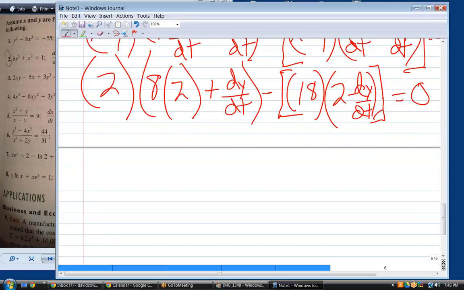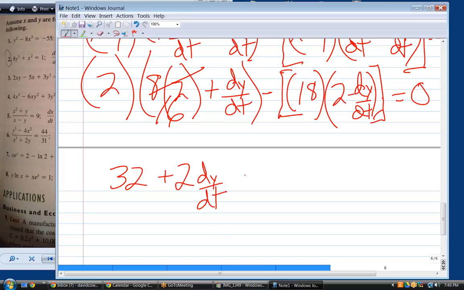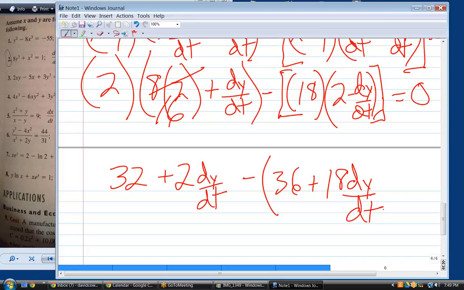Now, let's distribute some of this. I'm going to multiply the 2 times the 16, so we have 32 plus 2 dy dt minus 36 plus 18 dy dt. Now hold on, I just made a mistake. Can you see what it was? It should be minus 18?